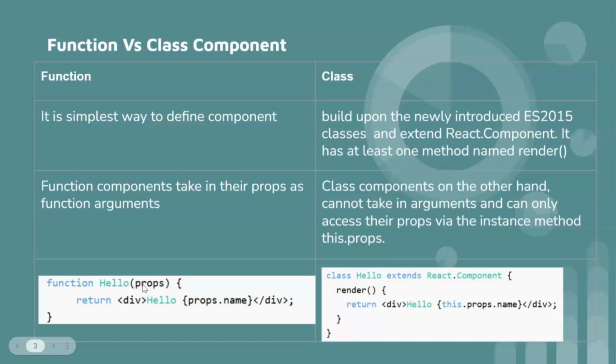If there are no props, it's okay if you don't pass anything, and then return. In the return, you have to have a fragment, either a div or anything, and then you can write your code. And this is the class component. Class name extends React.Component, and there will always be a render method, and in the return you write your internal structure.